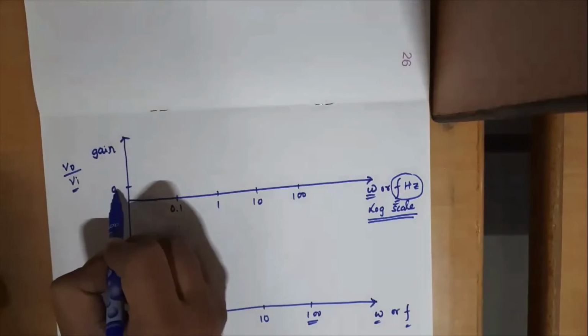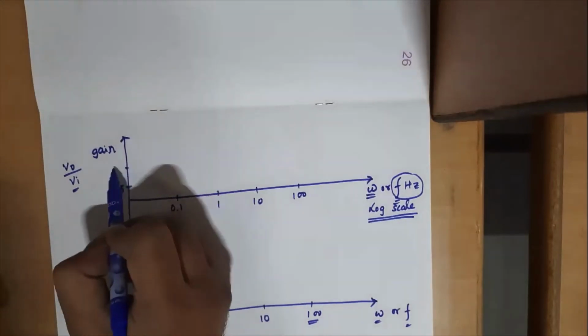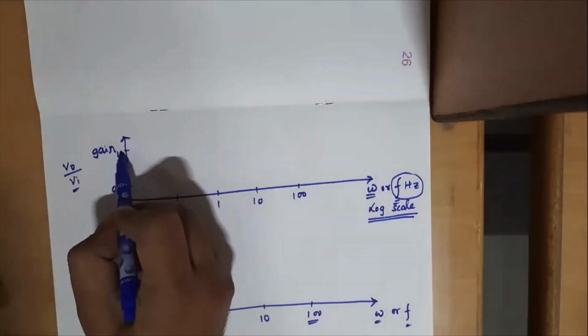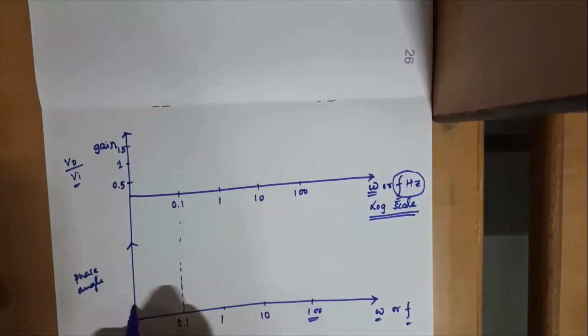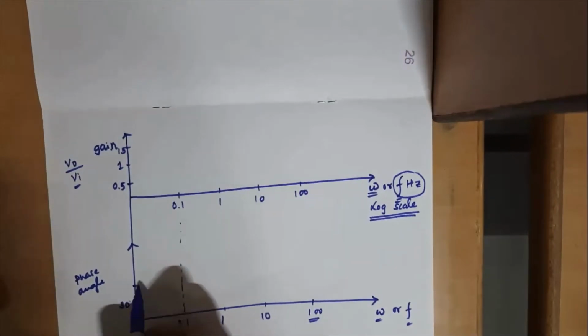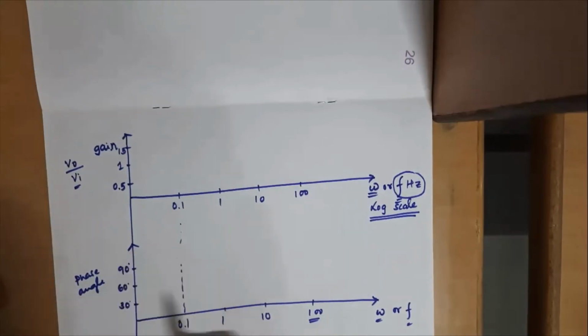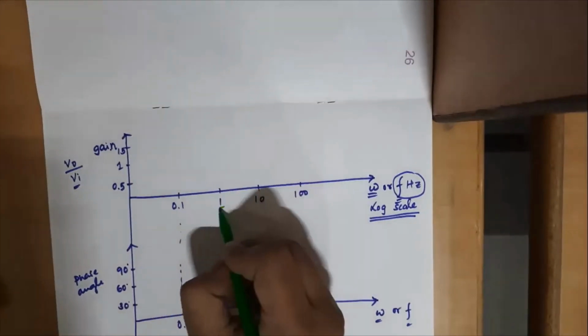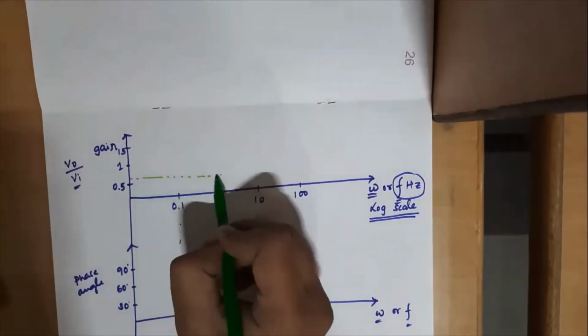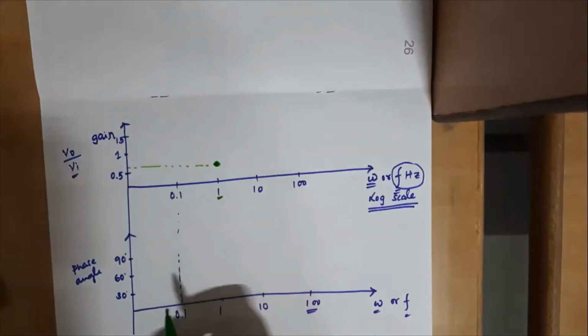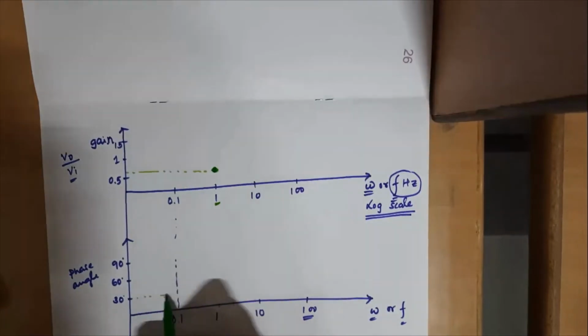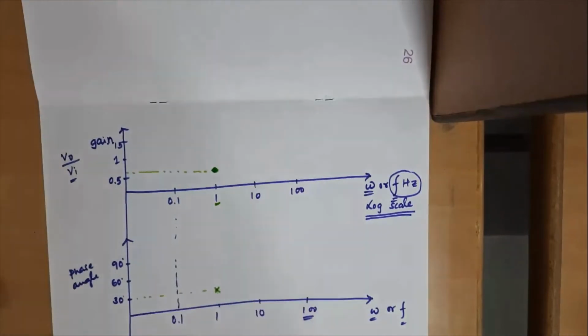So let me mark the scale on the y-axis for both gain and phase angle. This is again conventional, no strict rule that you have to follow this only. So at 1 hertz, approximately mark 0.6 and a phase angle of plus 30 degrees.